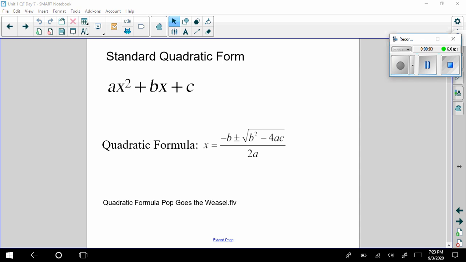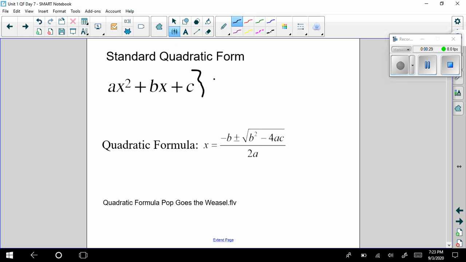So today is Quadratics Day 7 and the last piece of information for Unit 1 on the quadratic function. Today you're going to look at the very last resort of solving a quadratic equation, and that is using the quadratic formula. The quadratic formula is based on standard form.